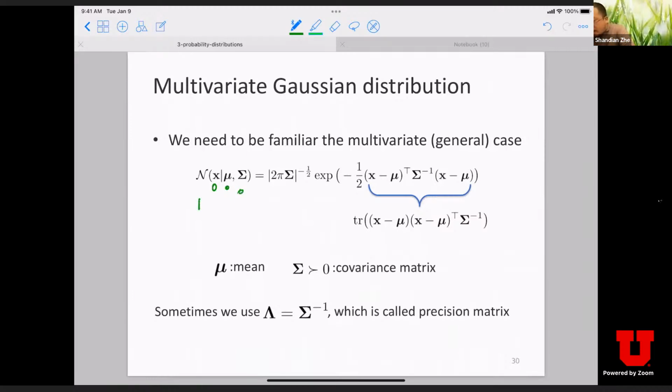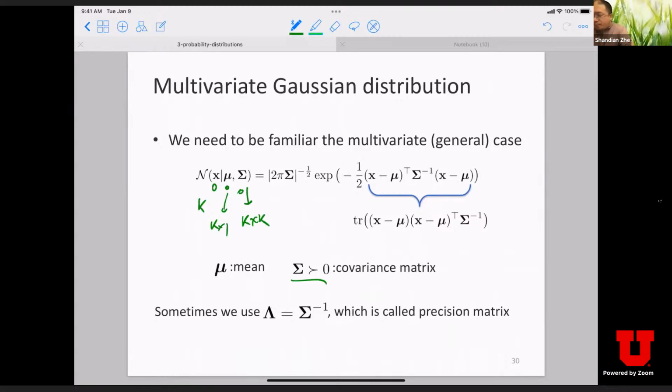Suppose x is k-dimensional, then sigma is k by k. Of course, this mu vector will be k by 1, and this covariance matrix is positive definite.